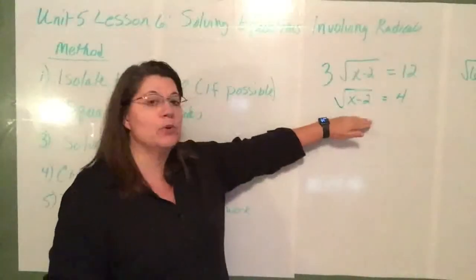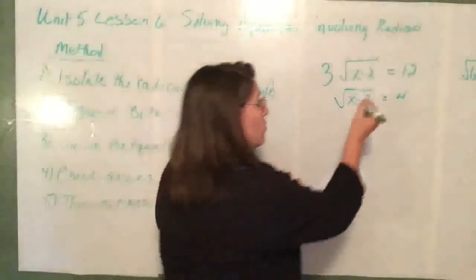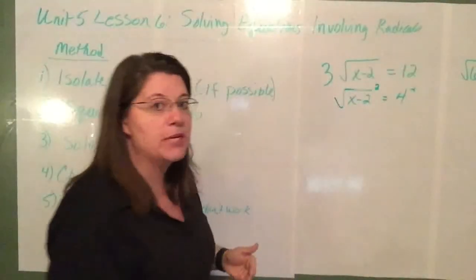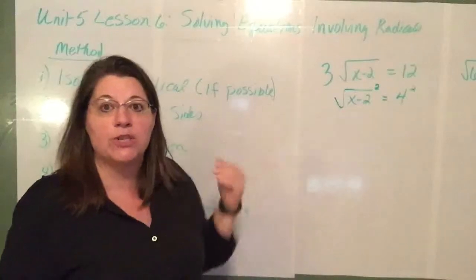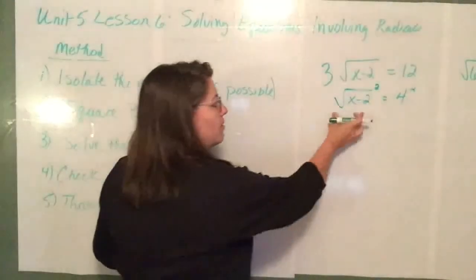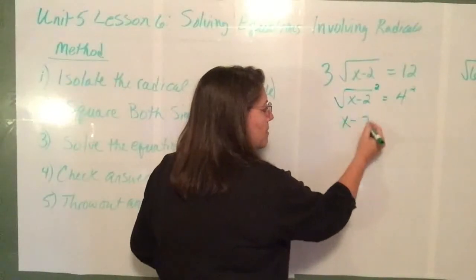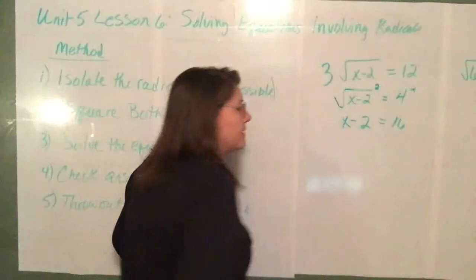As long as we're doing the same thing on both sides of this equation, you're allowed to do that. So I'm going to square the left-hand side and the right-hand side, and the purpose is to get rid of the radical, because I can't solve the equation until I get rid of that radical. If I square this side, the square root cancels out, and that becomes x minus 2, and then 4 squared is 16.